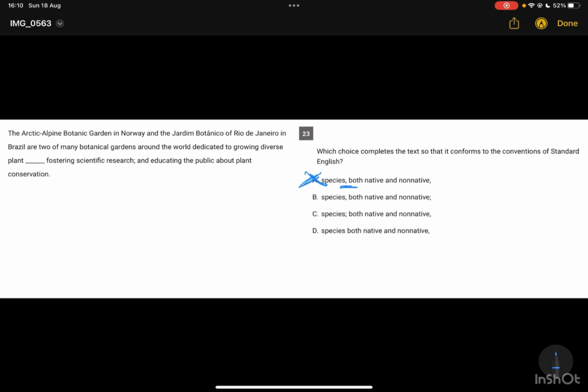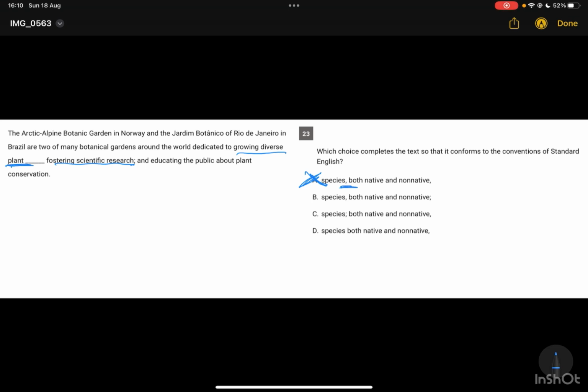So B is the correct answer because the convention being tested is the punctuation of items in a complex series. The semicolon after non-native is correctly used to separate the first item, growing diverse plants, both native and non-native, and the second item, fostering scientific research, in the series of things that botanical gardens are dedicated to.